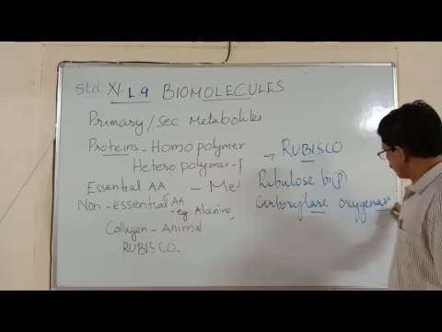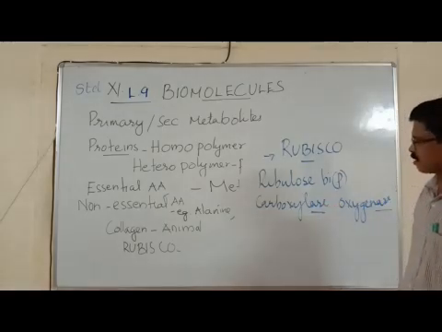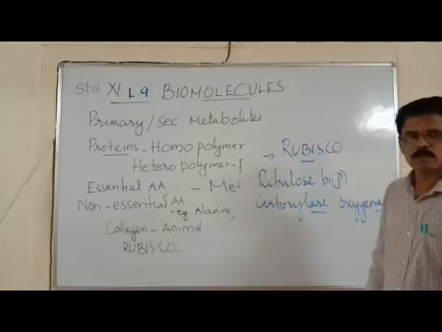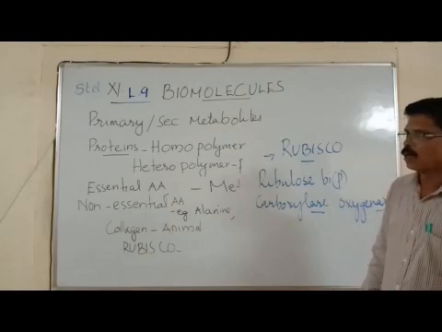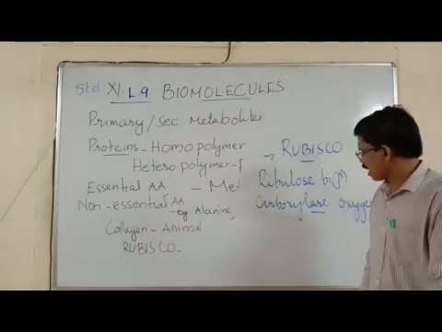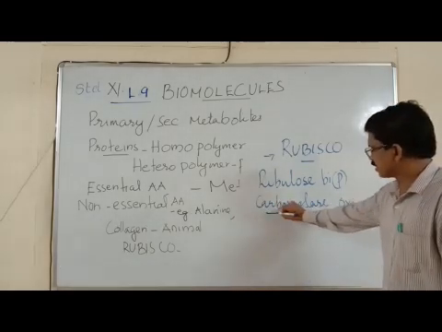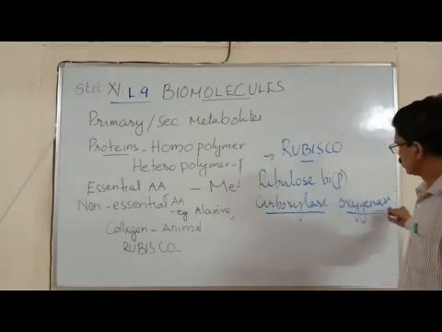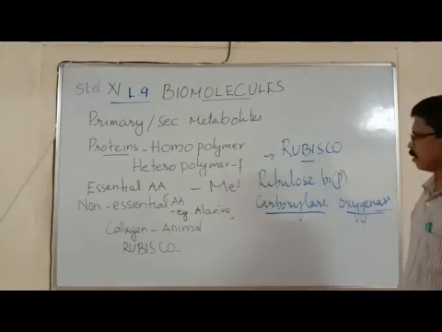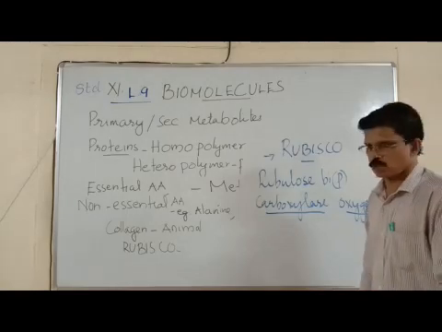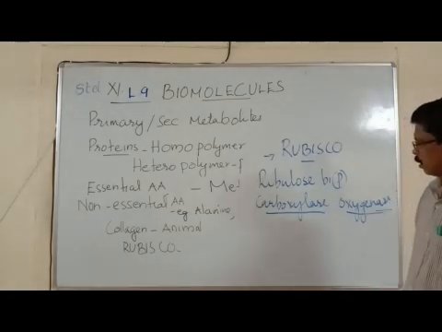They are enzymes. Most of the enzymes are proteins, but not all proteins are enzymes. So we can understand that carboxylase and oxygenase are two enzymes that are very important for our respiration process, oxidative respiration.